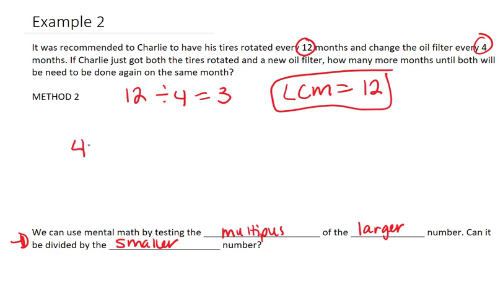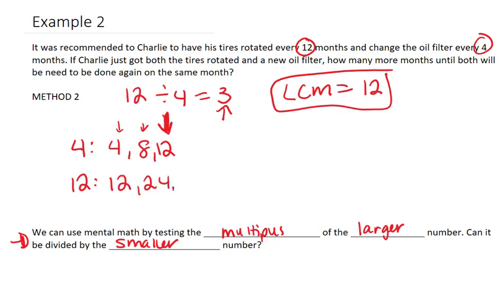So if we look at this, we have 4, 8, and 12. Notice that the third number right here, this 3 corresponds to 1, 2, 3. That's where we get to the 12. And then if we look at multiples of 12, we start out with 12, 24, 36, and so on.